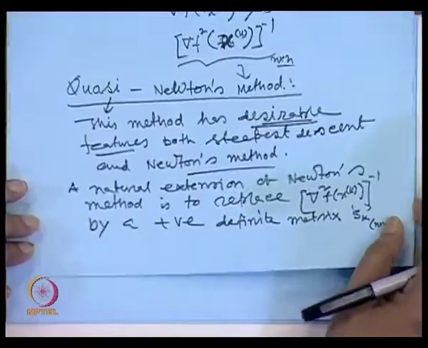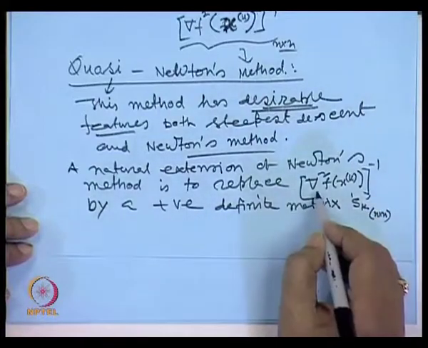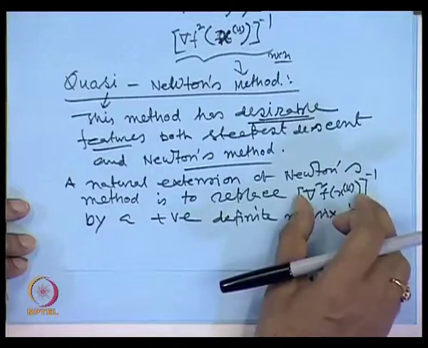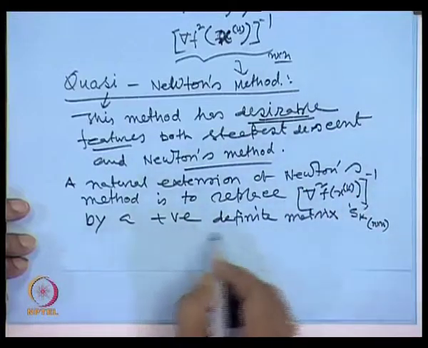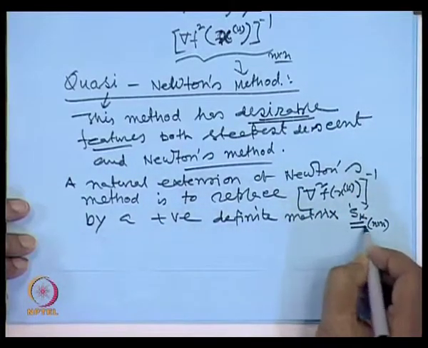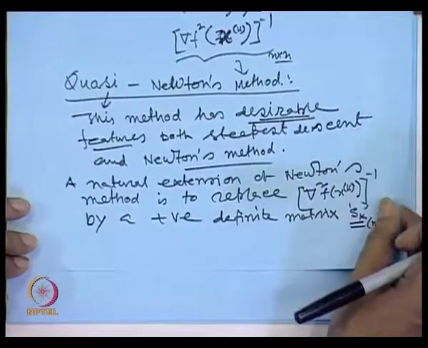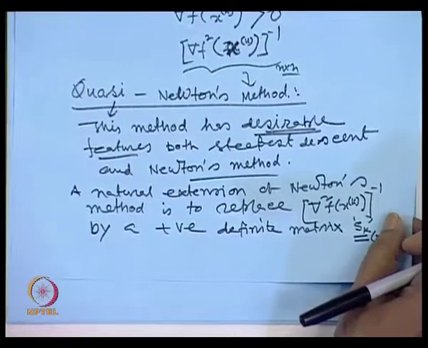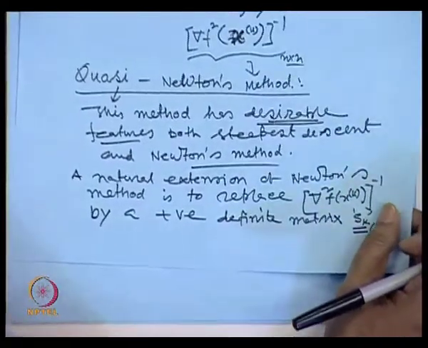How you have to update it, we have explained, but now we will derive those expressions. If you recollect, in Newton's method we want to replace the inversion of the Hessian matrix by a positive definite matrix, and then each time it is updated.